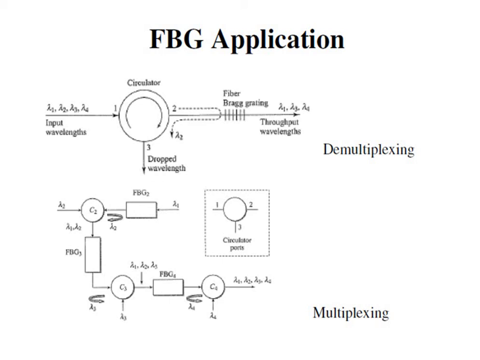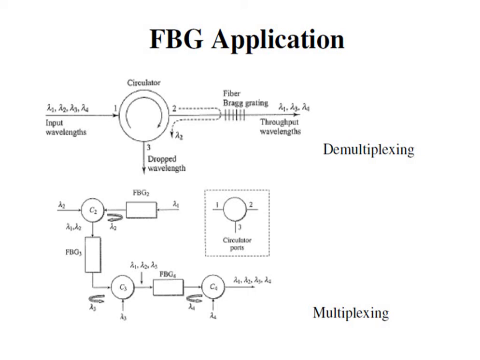Now to create a device for combining or separating n wavelengths, one needs to cascade n minus 1 FBGs and n minus 1 circulators.